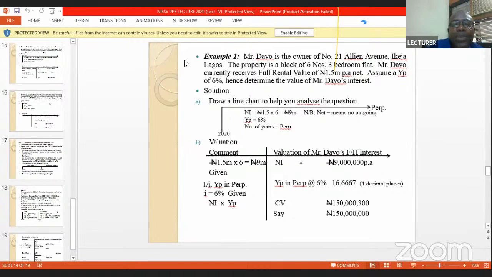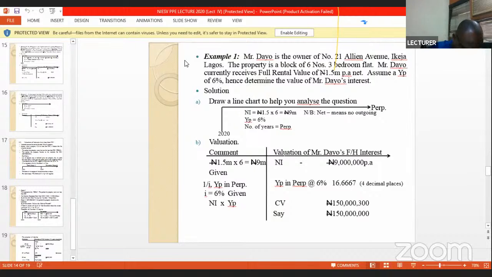Not minding all the big grammar we are speaking, whenever you are asked to determine YP in perpetuity, the formula is simply 1 over i. All you need to do is to divide 100 by the YP you are given. It's usually very simple. Divide 100 by the YP you are given.